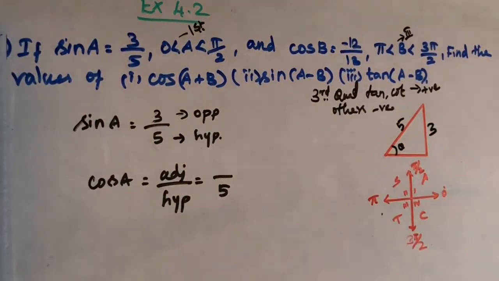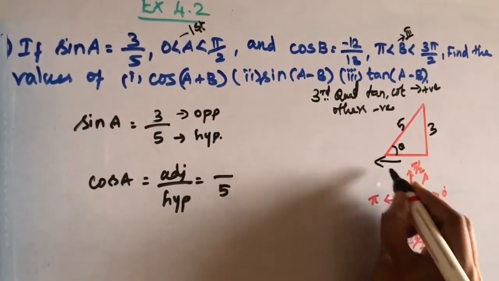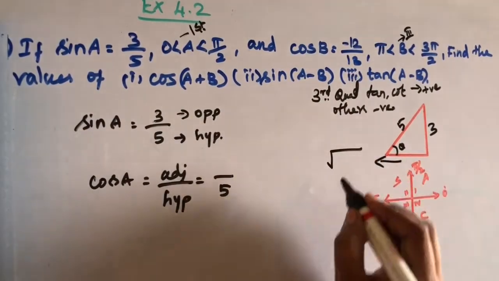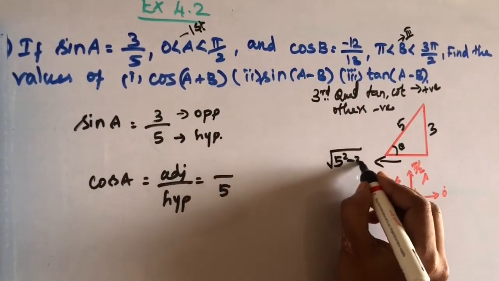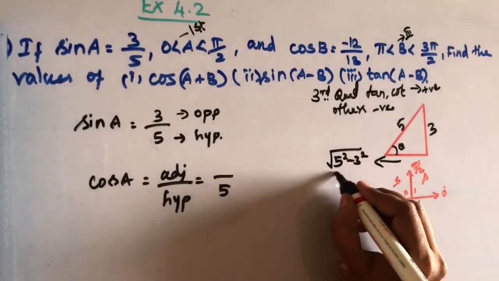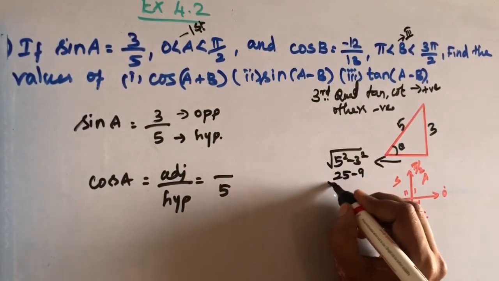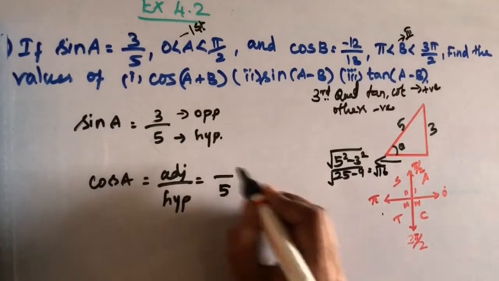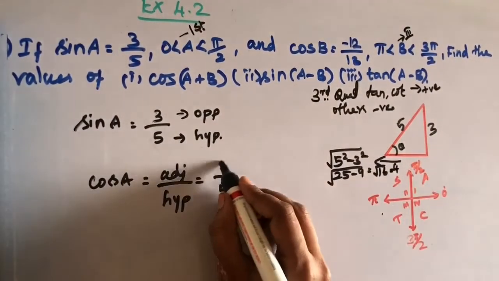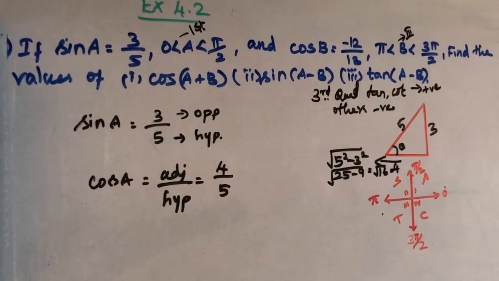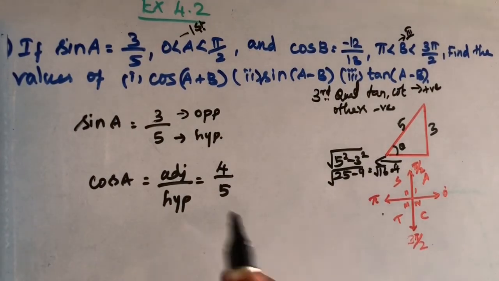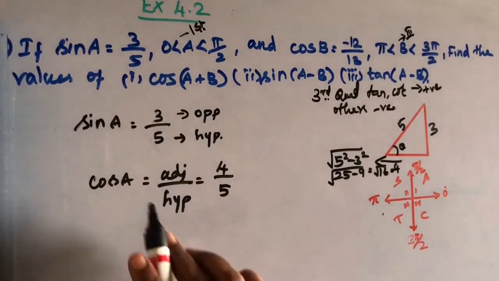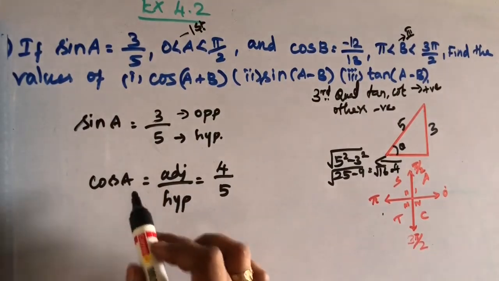You have to find the value of the adjacent side. How will you find this? Square root of 5 square minus 3 square. 25 minus 9, that is equal to root 16. Root 16 is 4. So 4 divided by 5, that is cos A. And as A lies in the first quadrant, there is no need to change the sign of cos.